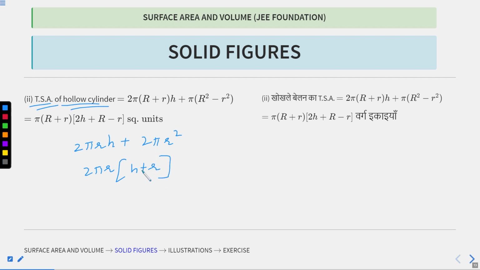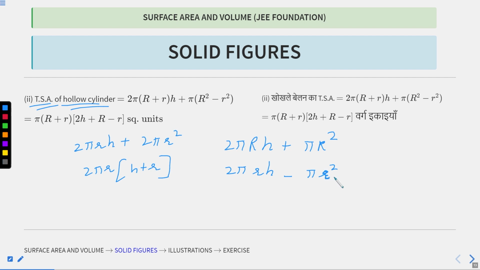Now in a hollow cylinder, we have two cylinders. For the old cylinder, we have 2 pi R h plus pi R square. And for the new one, it will be 2 pi r h minus pi r square.